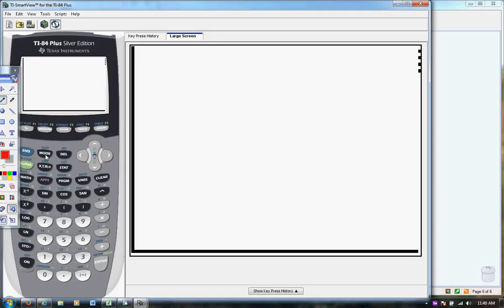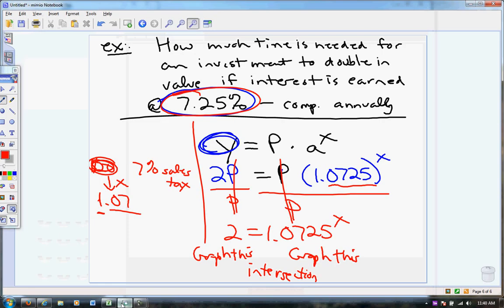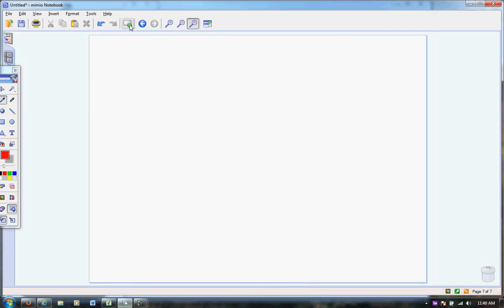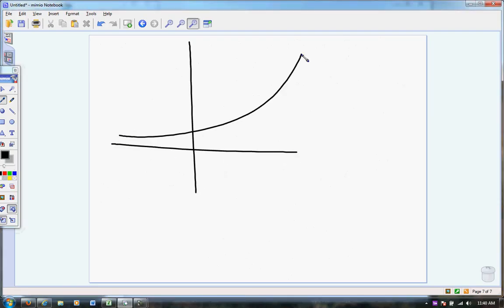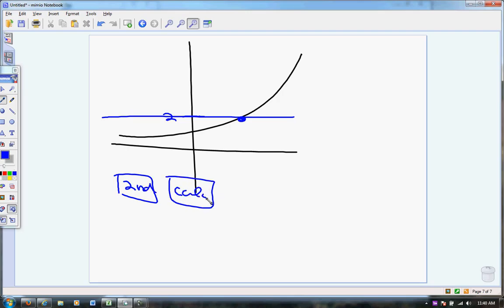Since my calculator is hung up here, what you're going to get, after you find where the two places meet, here's y equals 2, you're going to do second, calc, and then intersect. Okay, and that's going to tell you how many years it takes for it to double. And we're going to stop there.